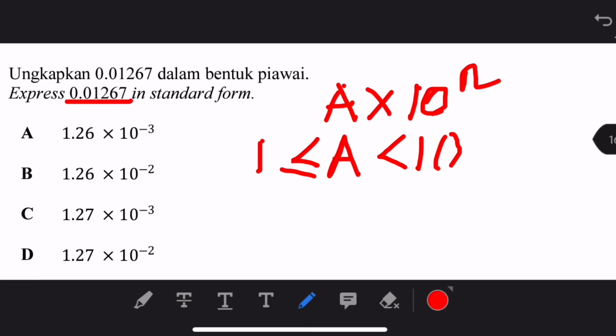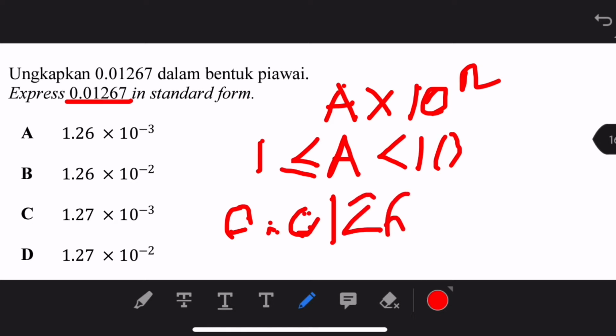So obviously for this question, the answer will have negative power, which is actually moving the decimal how many places. We have 0.01267, so that means we need to move 2 places.